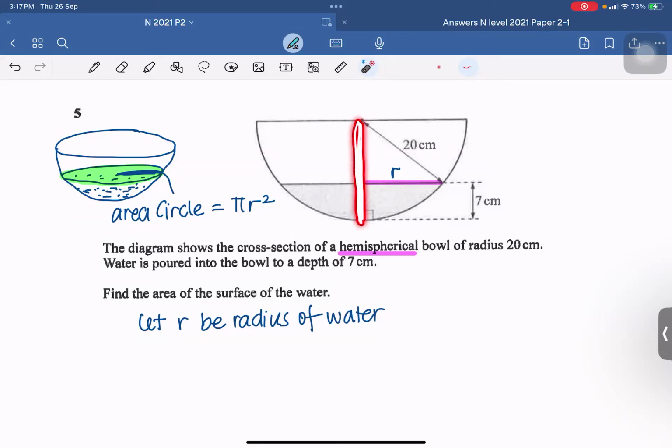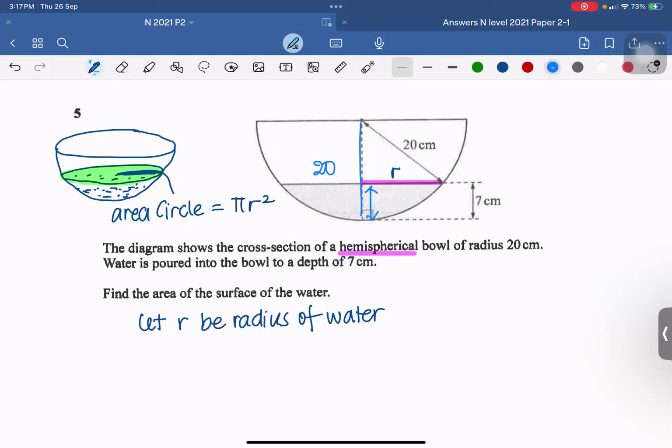Anyone? This is the radius. This is also radius. How much? Yes, this whole thing is 20. Right? This portion is 20. If this portion is 20, then they tell you this portion is how much? 7.